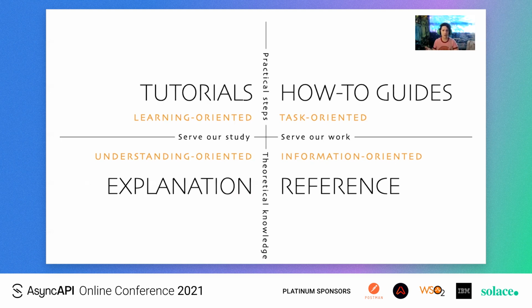What do each one of those cover? What are they for? Reference is going to be things such as your CLI or your API spec and your individual API endpoints. If your product has a CLI, you're going to document how your CLI works under reference. Now, explanation or concepts.